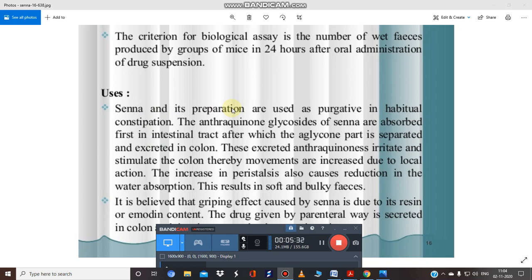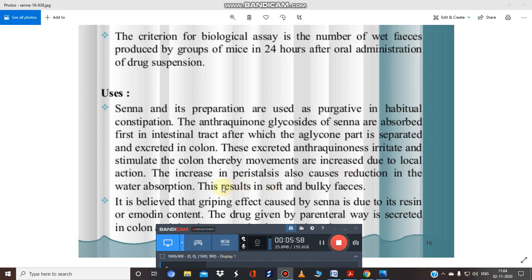So the anthraquinone glycosides of senna are first absorbed in the intestinal tract, after which the aglycone part is separated and excreted in the colon. And we know this aglycone is the anthraquinone part. These excreted anthraquinones irritate and stimulate the colon, thereby increasing the movement, different types of peristaltic movements are increased.